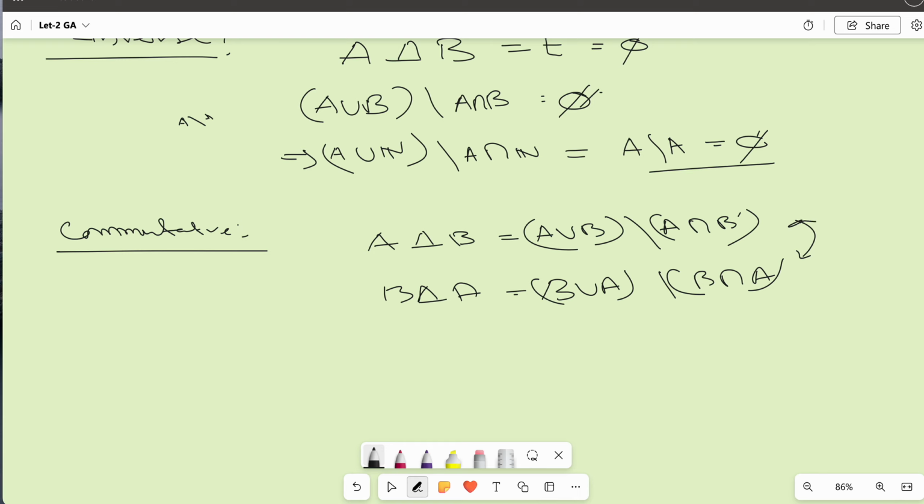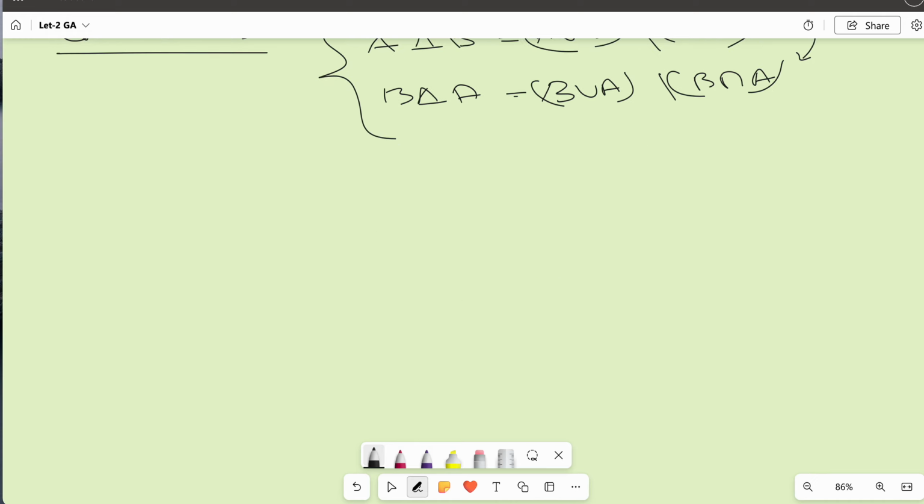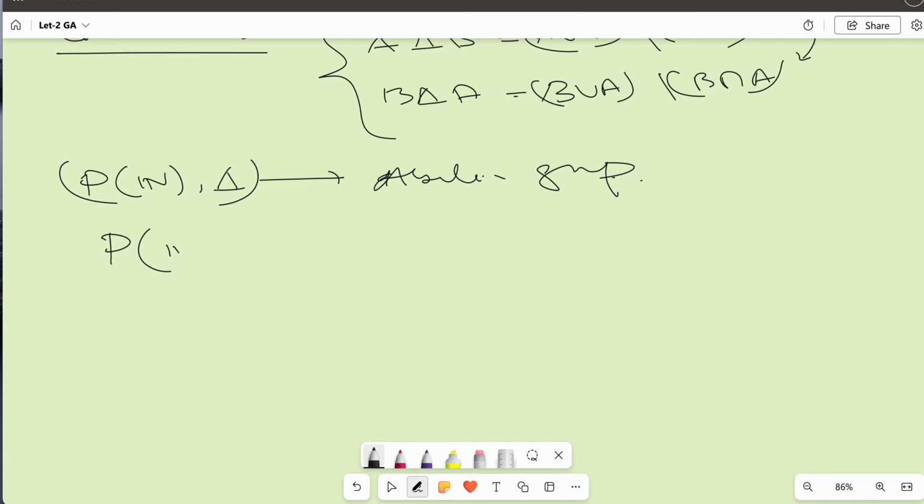This is clear. A union B and B union A are the same, and A intersection B and B intersection A are precisely the same. So this is commutative, right? So the power set of natural numbers with respect to symmetric difference is an abelian group, right? Abelian group. Now, the power set of natural numbers with respect to intersection, is it a semigroup?